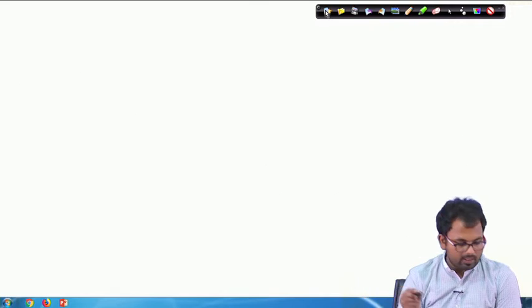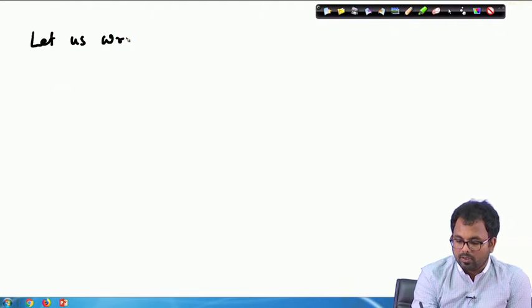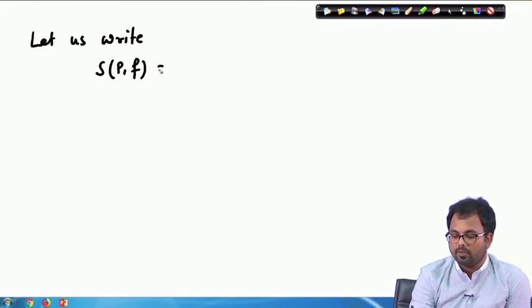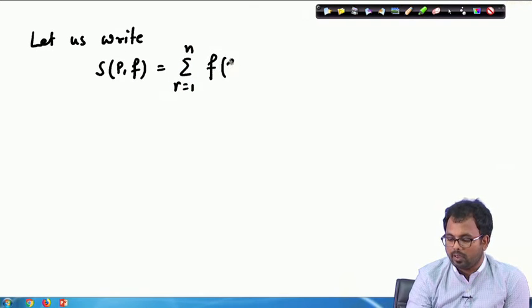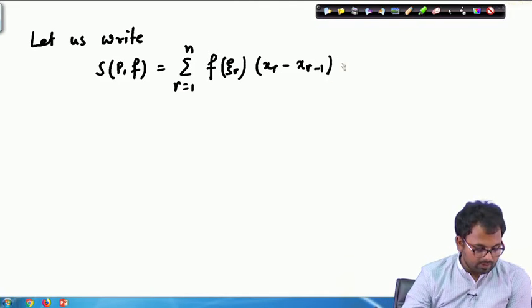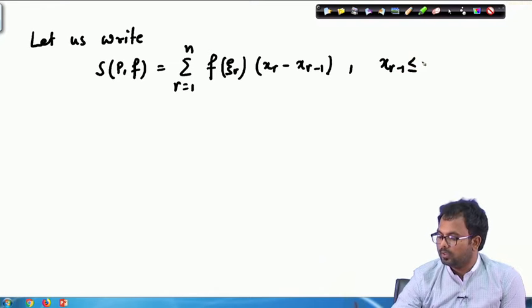So let us look into this sum. Let us write it as S P f, the sum over the partition P for the function f. We write it as the sum for r running from 1 to n of f psi r times x r minus x r minus 1, where this psi r is any arbitrary point between x r minus 1 and x r.